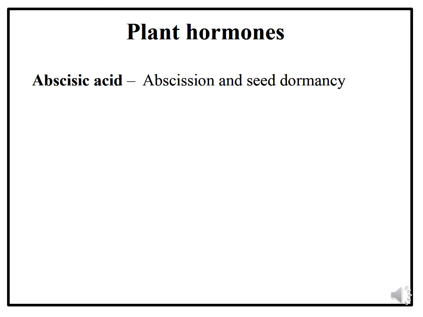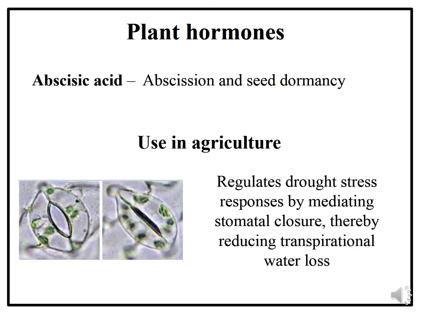Then there's also abscisic acid, and abscisic acid causes abscission and seed dormancy. Abscission is basically when, like in autumn, a plant starts to lose its leaves, that loss of leaves is caused by abscisic acid. How is it used in agriculture?